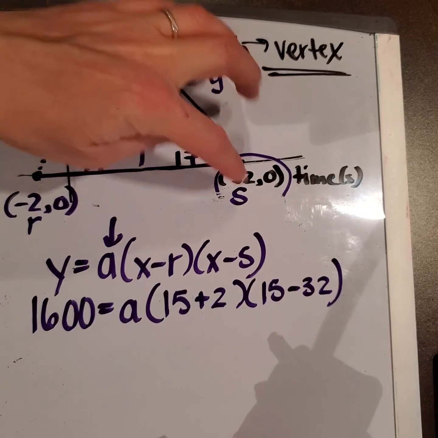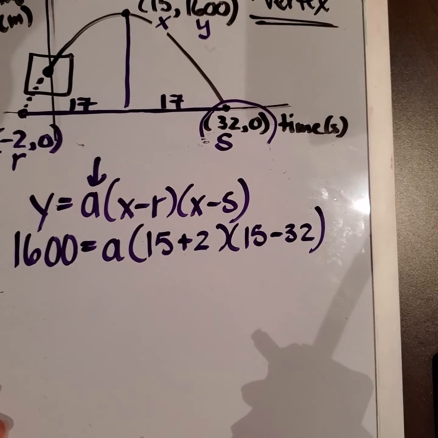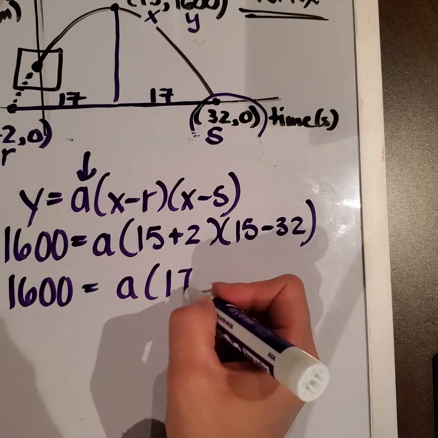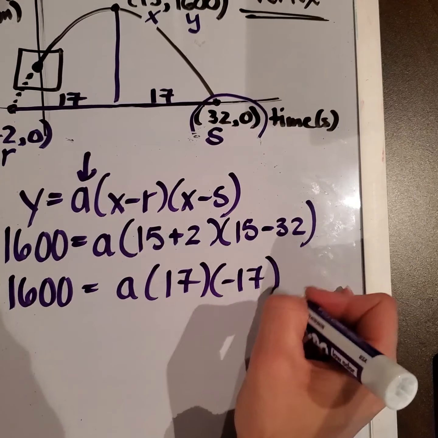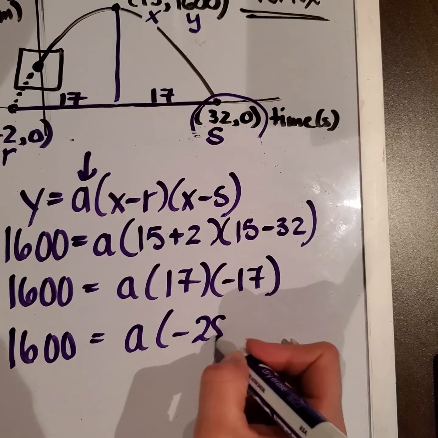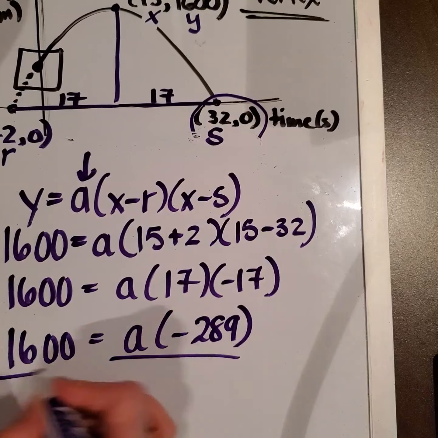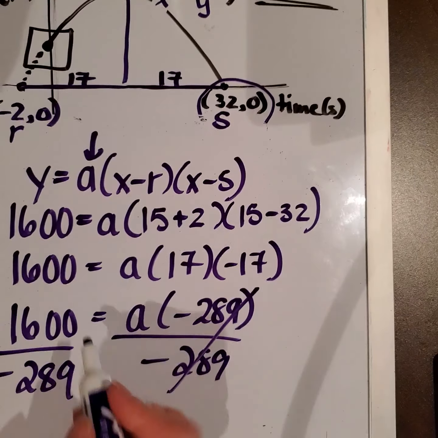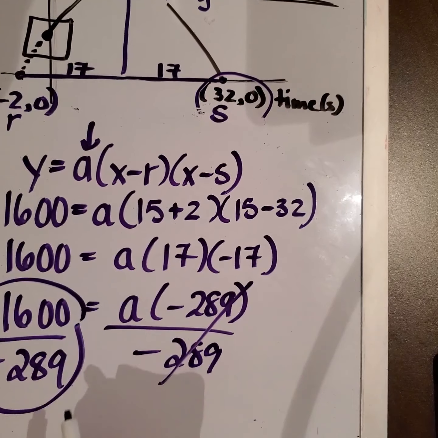Remember, when you're in the brackets, you're being lied to. Let's scoot this up. 1600 is equal to A times 17 times negative 17. 1600 is equal to A times negative 289. Divide both sides of the equation by negative 289. And look at that, we get that same A value back.